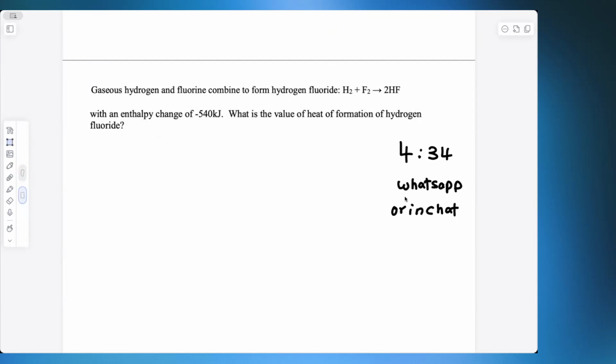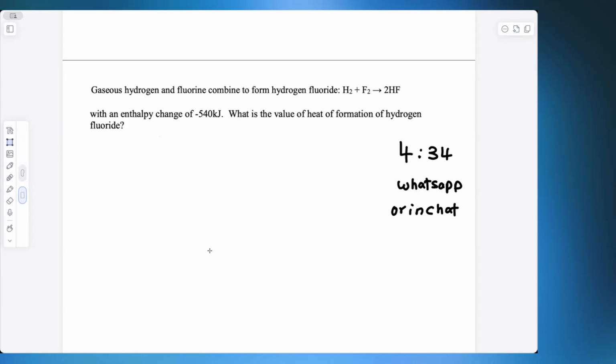I'll just give you the given. The given is telling me simply that I have an enthalpy change, delta H, of minus 540, and I need the delta H of formation of hydrogen fluoride.